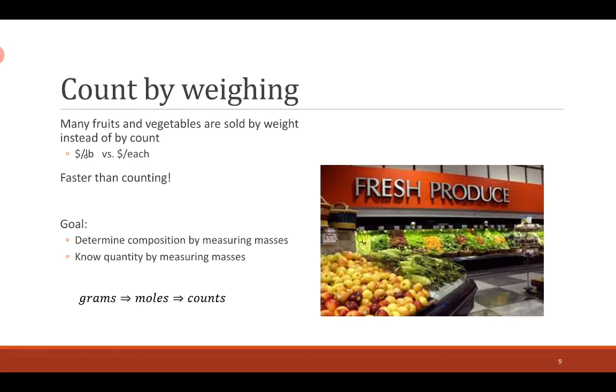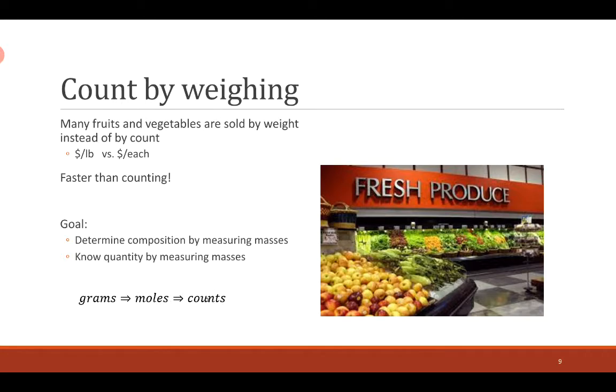The advantage to selling things by the pound is that it's a lot faster than counting. So a lot of food is sold by weight rather than counts of individual items. And so our goal is to be able to calculate from grams how many moles that is, and from moles how many counts that is.